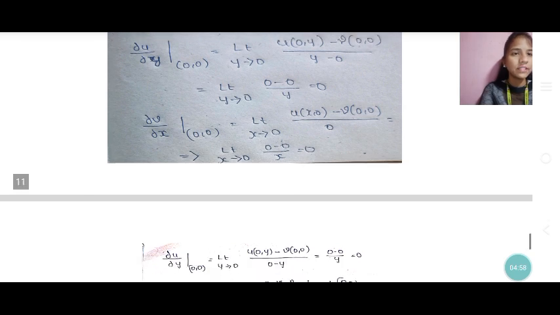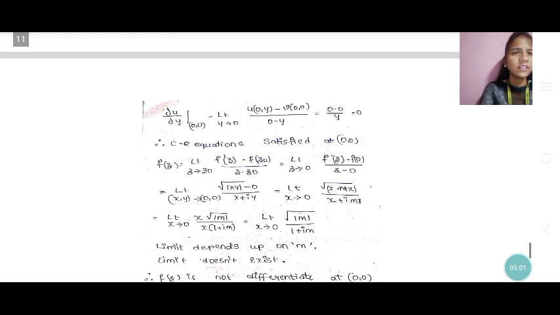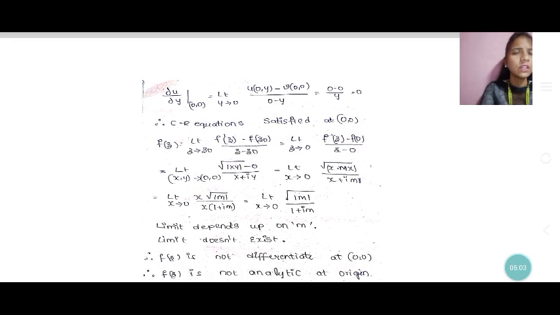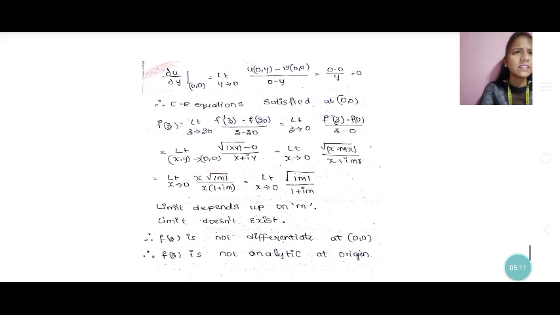Now we have found ∂u/∂x and ∂u/∂y. Now ∂v/∂x: the limit as x tends to 0 of [v(x,0) − v(0,0)]/x is 0. Similarly, ∂v/∂y, the limit as y tends to 0 of [v(0,y) − v(0,0)]/y, is 0. Then the CR equations are satisfied at the point (0,0).